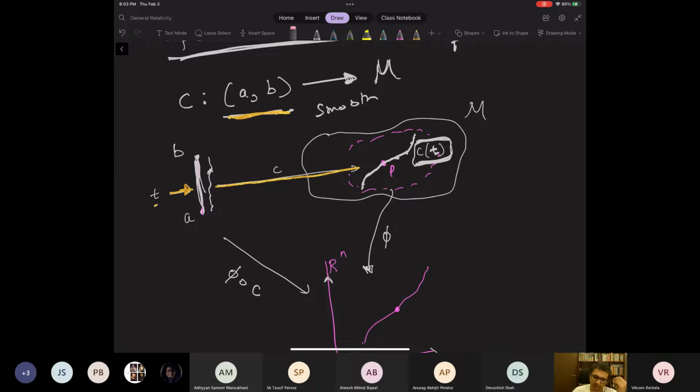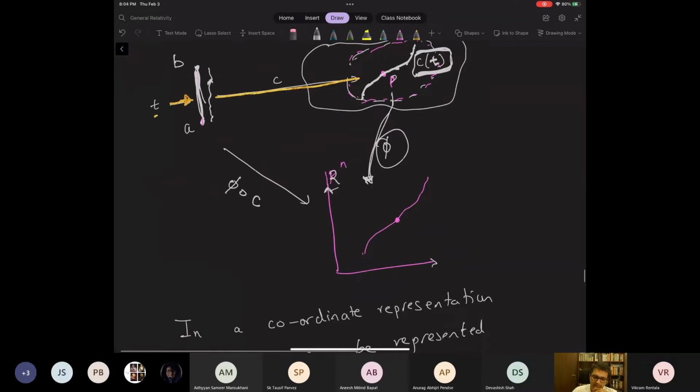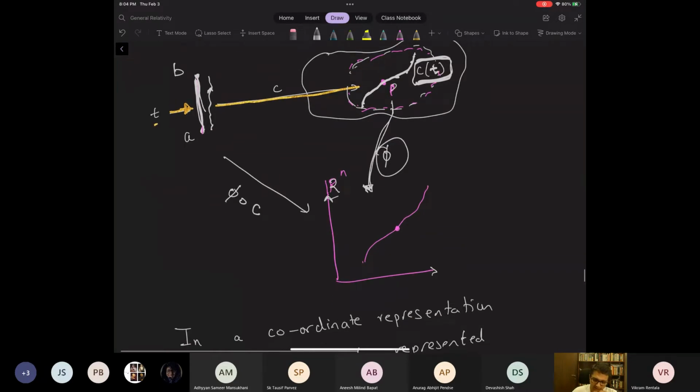Now let's look at this in a particular coordinate representation. Let's take this point P and a coordinate patch, which I've shown here. In this coordinate patch, the point P has some coordinates in R^n, using this function phi. So in the coordinate patch, you get some kind of curve through this n-dimensional coordinate space.